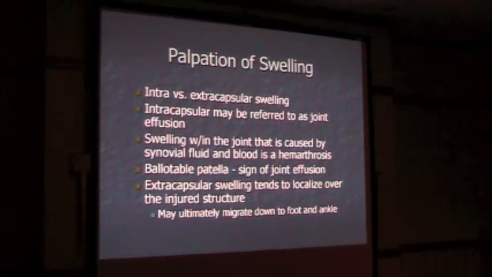And the way you can tell the difference between a septic joint and a bursitis is that the patient can move their knee. When they have a severe synovitis or an infection in their joint, they will not be able to move their knee at all. It'll be so painful they will not be able to move it. If they just have a prepatellar bursitis, or an inflammation of the bursa of the kneecap, they'll be able to bend the knee, but it'll just have a swelling in the anterior aspect of the patella.